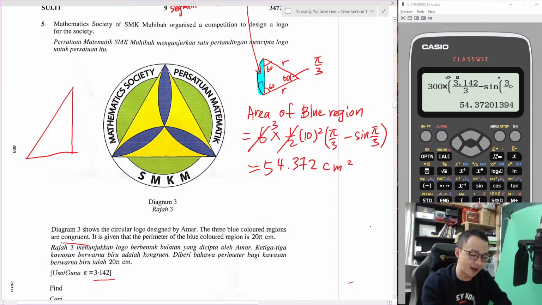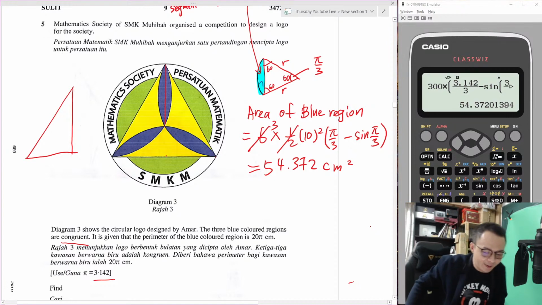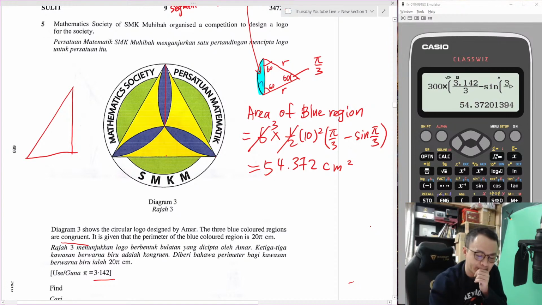It's fine, depends on what you want to use here. We can actually use the arc length also. Let me see what I want to use here. I think I can use the solution of triangle here.